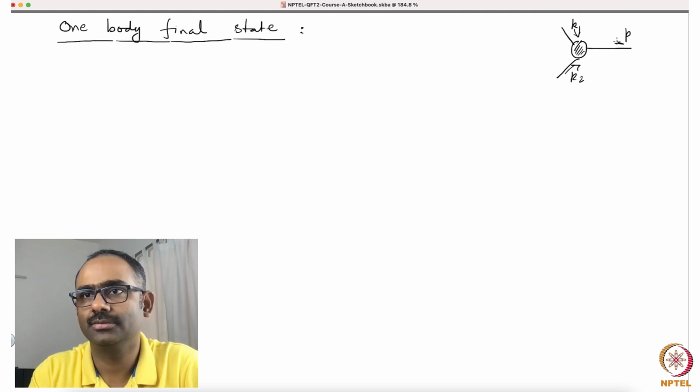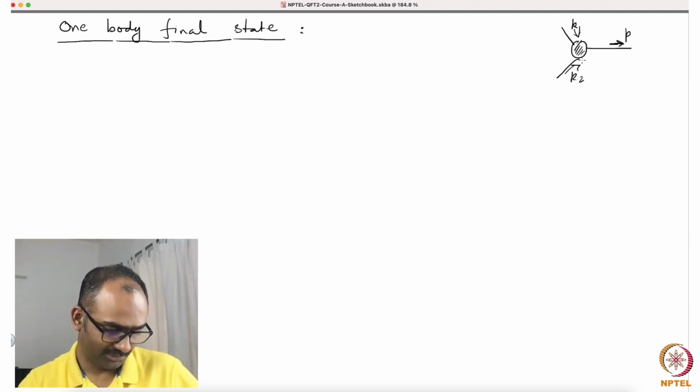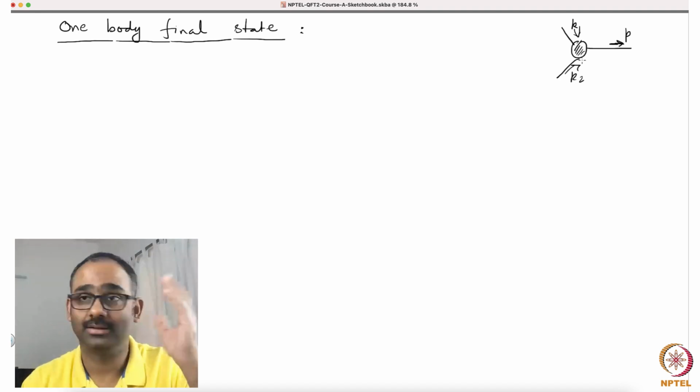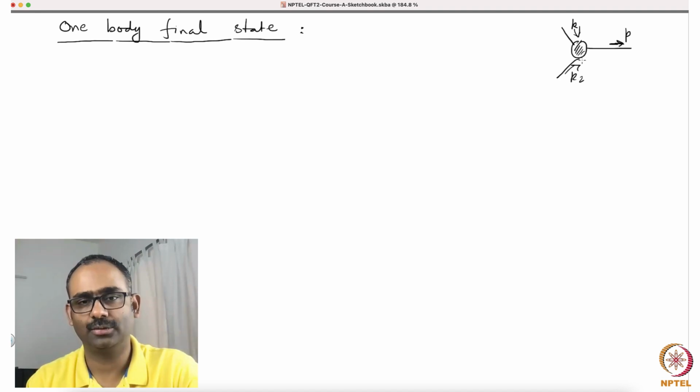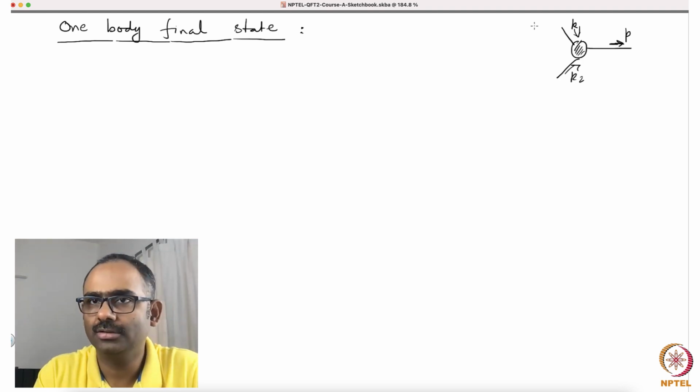So suppose we look at a one body final state, and I want to write down the expression of the cross section. Of course, I will write it in terms of mod M square. Mod M square I will not specify because that requires looking at a particular process, but I will do the kinematic part. And I will also allow for these masses to be different.